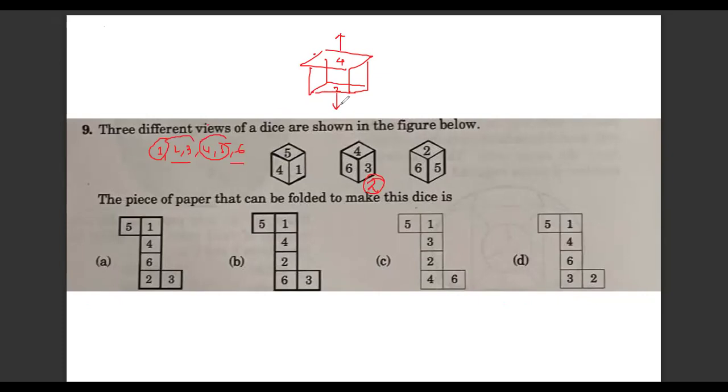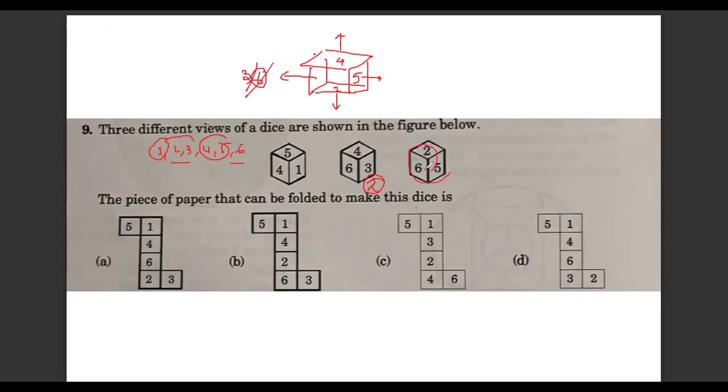And the opposite face of 5 is either 3 or 6. Now from the third view of the dice, it is clear that the opposite of 5 can't be 6. This is from this third die.